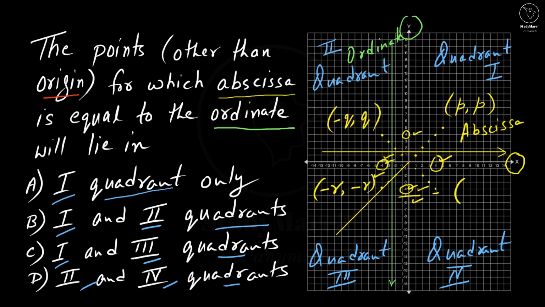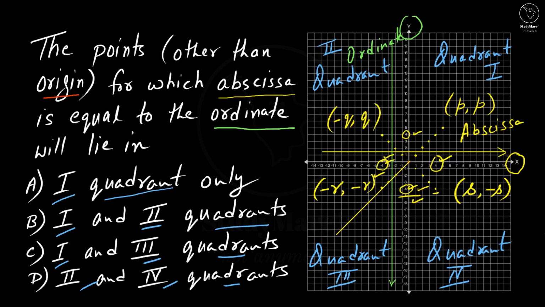So whenever we are taking the abscissa as S, then in ordinate we are getting -S. There are no other possibilities in this case and in other quadrants as well.